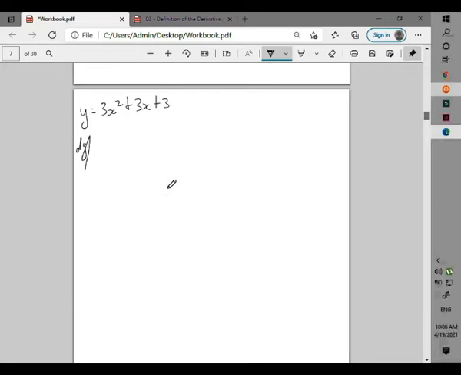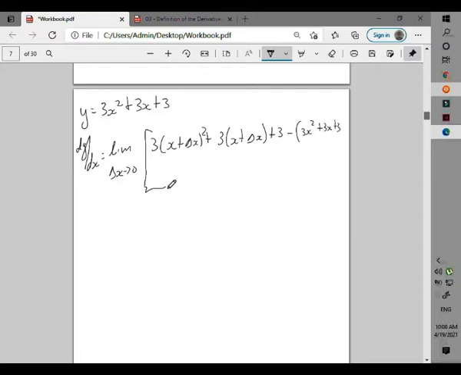So dy upon dx is equal to the limit as delta x approaches 0 of 3 in bracket x plus delta x squared plus 3 open bracket x plus delta x plus 3 minus in bracket 3x squared plus 3x plus 3.